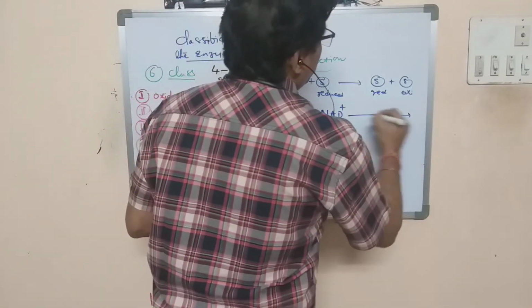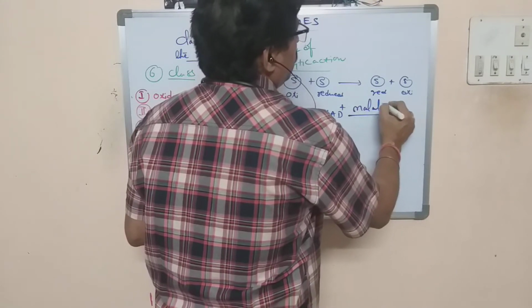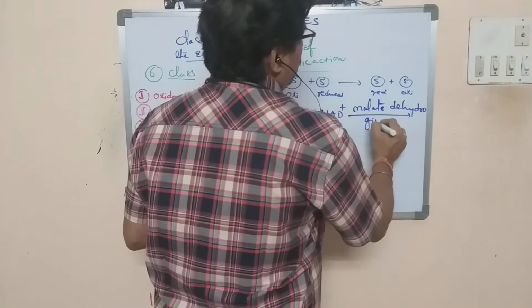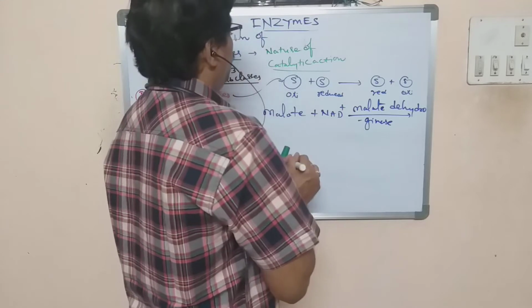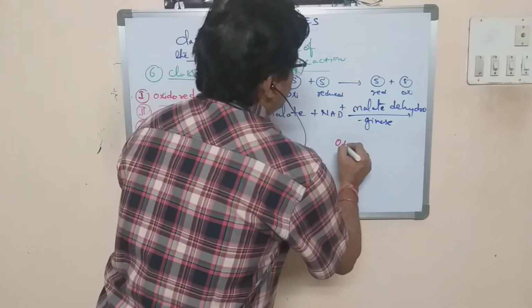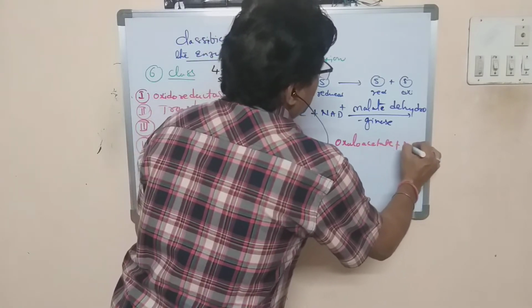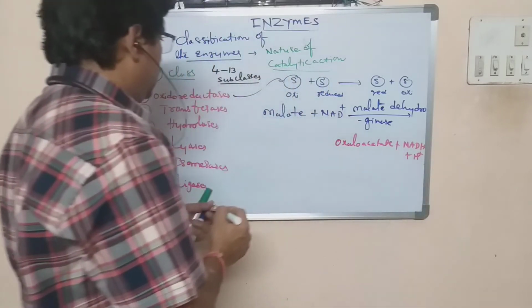In the presence of the enzyme malate dehydrogenase, it is converted into oxaloacetate, as well as NADH plus H plus ion. This is one of the reactions.